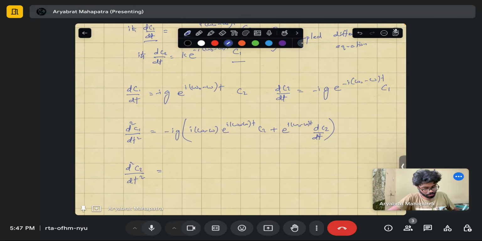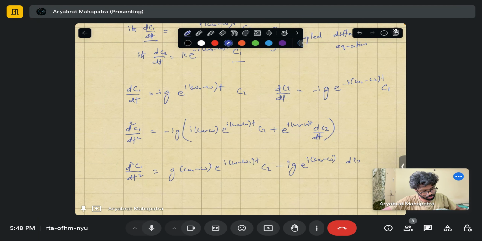Even there you will have a similar expression. Or let me just write the first differential equation itself: z of omega naught minus omega e to the power i omega minus omega naught t c2, minus i c e to the power i omega naught minus omega dc2 dt.